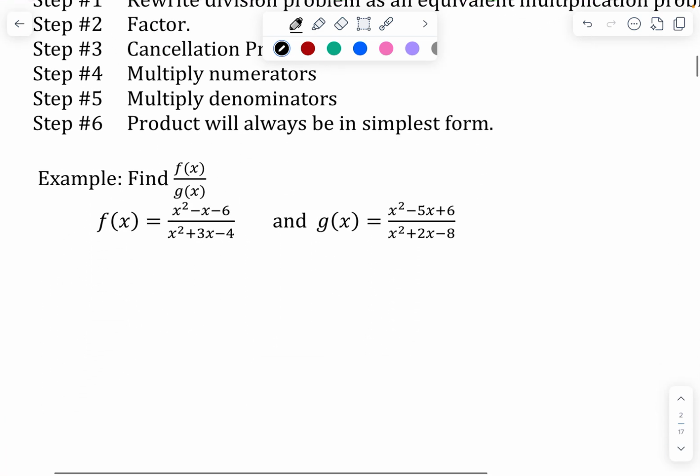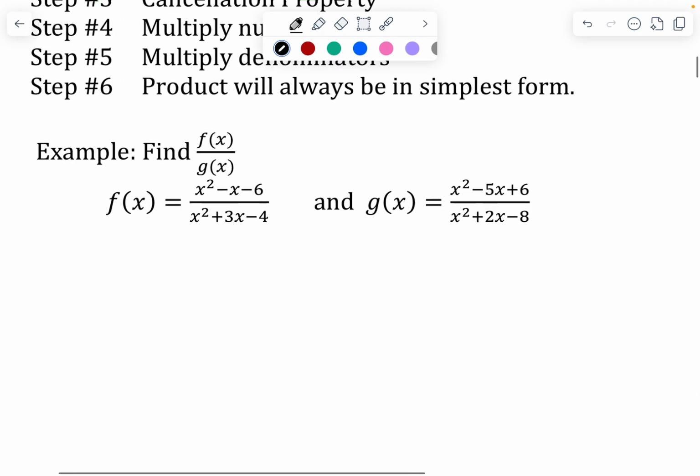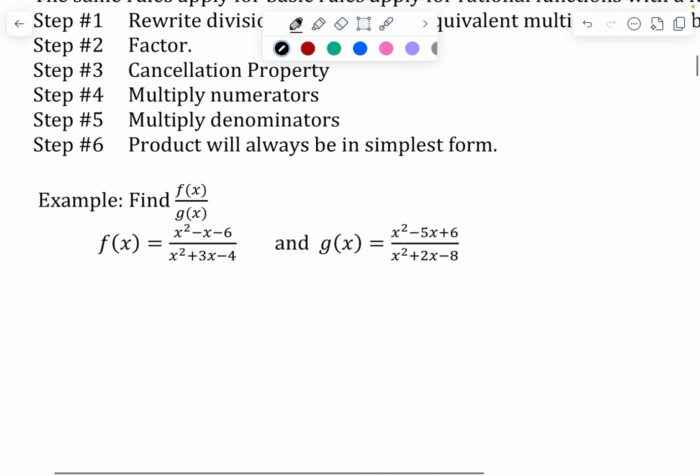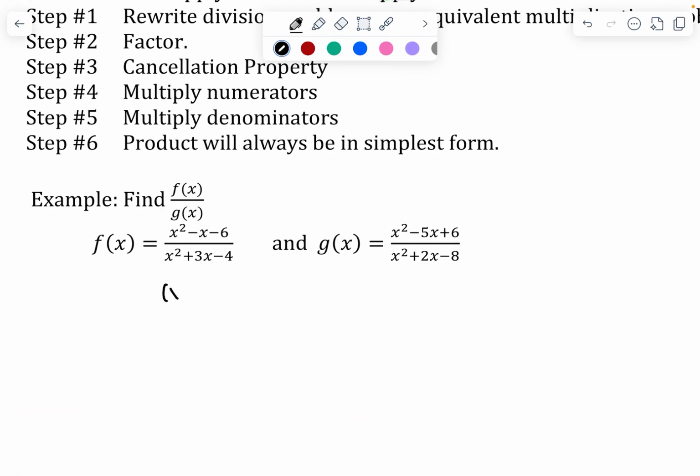Okay, and so now we are finding f of x divided by g of x. And so first step is factor everything in sight. So f of x would be x minus 3, x plus 2. And then we would have x plus 4, x minus 1. Change to multiplication.